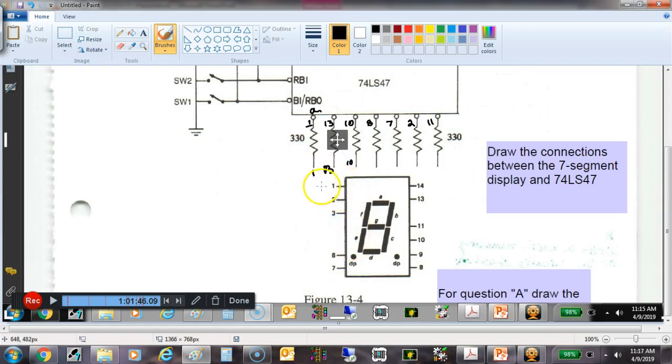So I would come over here and I would connect this. So pin 1, which is A, this would connect to, oops, I made a mistake, guys. Oh, good thing I wasn't recording.